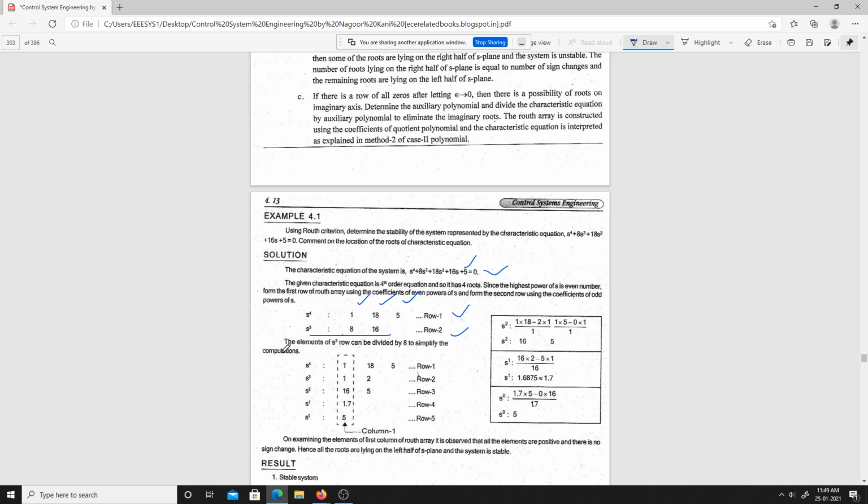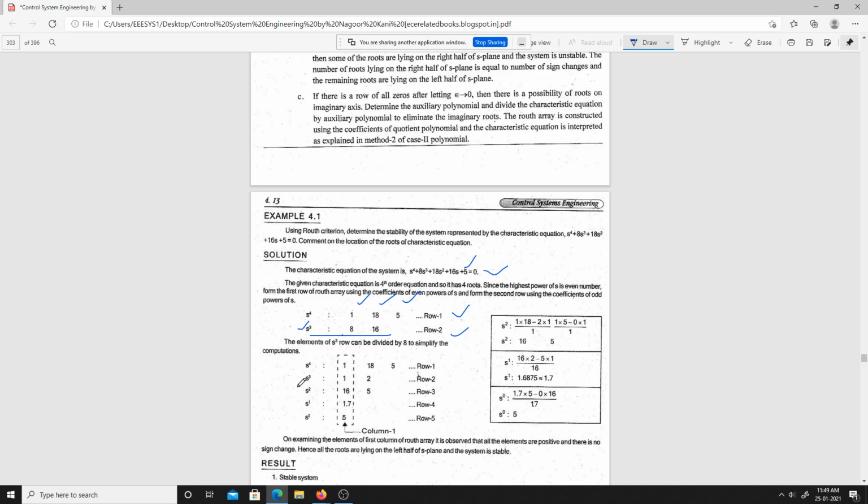For simplification, the s cube row can be simplified, the elements are divisible, so instead of 8 and 16, for simpler calculations I am considering this as 1 and 2. Is it clear? 1 and 2 I am considering here.